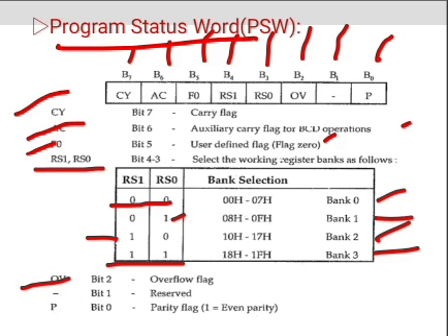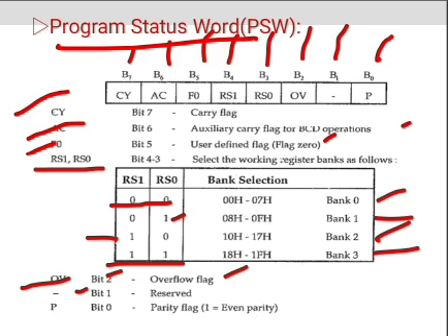Next is the OV flag. That means overflow flag. It's bit 2. The overflow flag is used to detect errors in signed arithmetic operations when two signed numbers are added. Next, bit 1 is also a user defined flag.